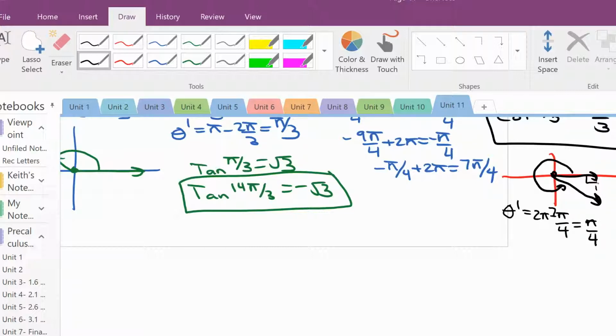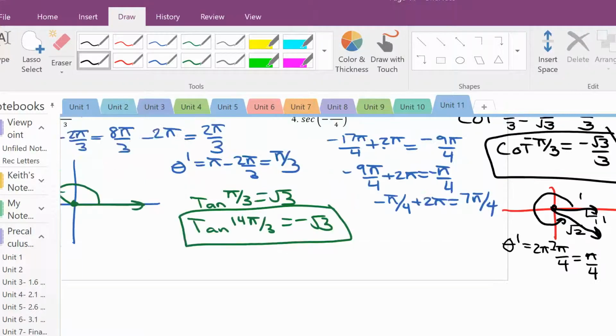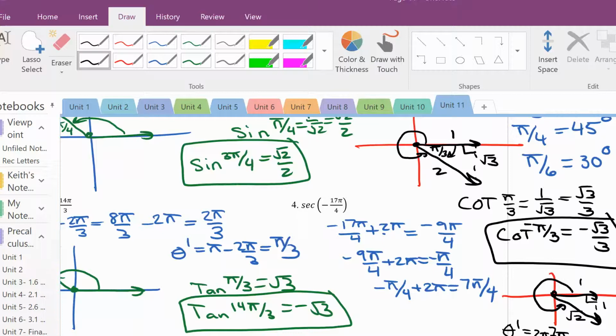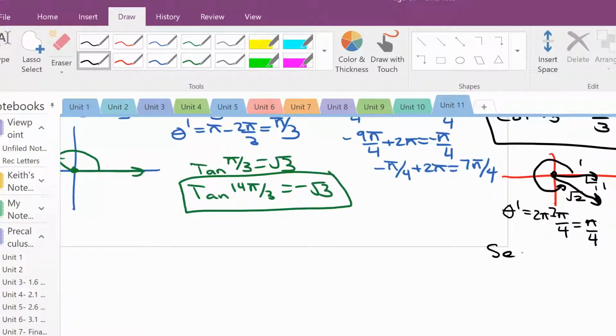So that makes it a 45, 45, 90. So the secant, remember, the secant of pi over 4 is hypotenuse over adjacent, so it's rad 2. And since it's the fourth quadrant for negative 17 pi over 4, it would also be rad 2.